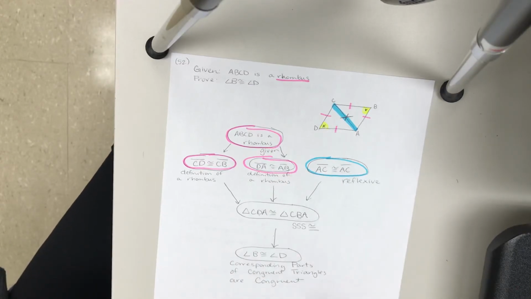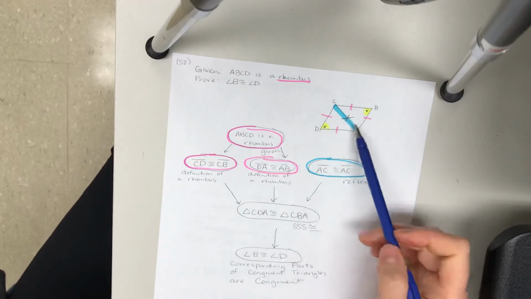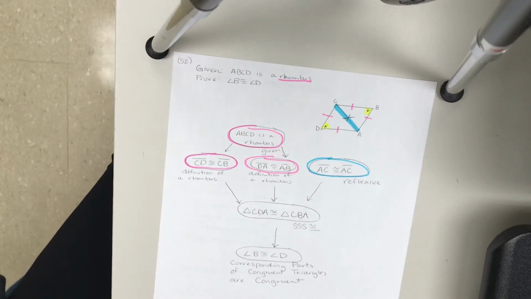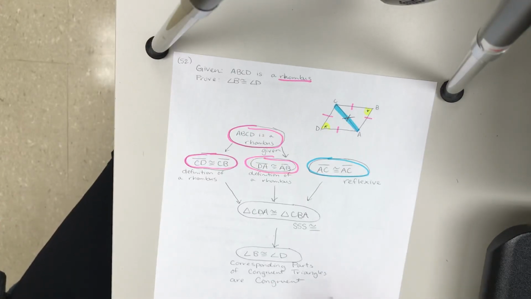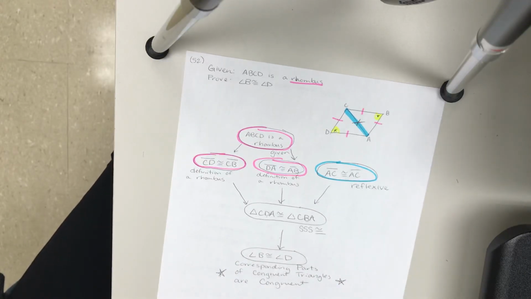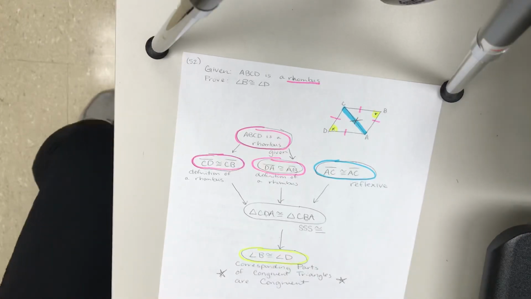It is really important you write down all of those words. Corresponding parts of congruent triangles are congruent. Again, that means if we know that two triangles are congruent, then we can make the conclusion that their corresponding parts are also congruent. Okay? This right here is really, really, really important that you practice and know and understand for this chapter.